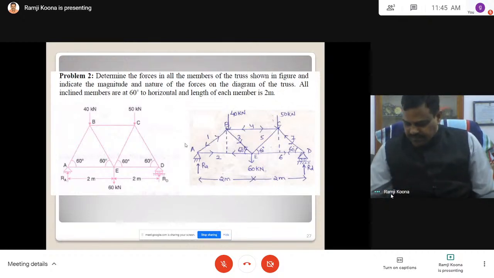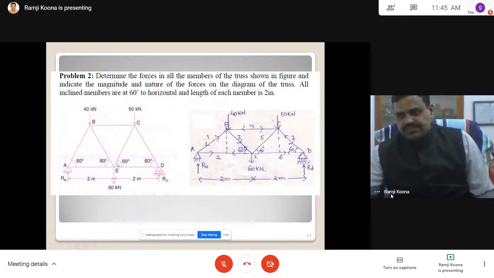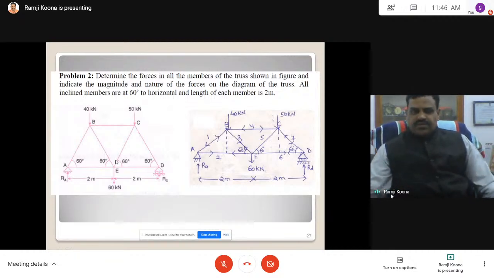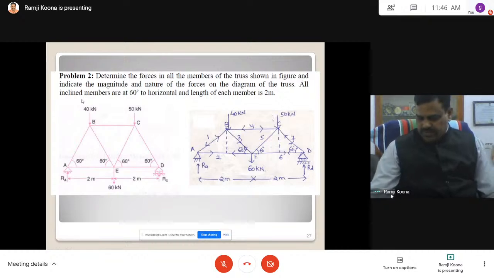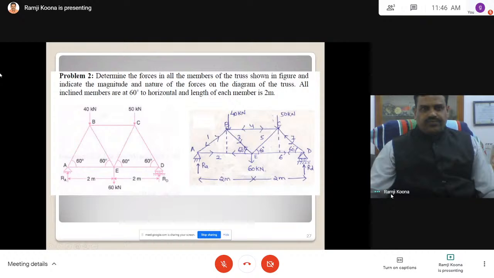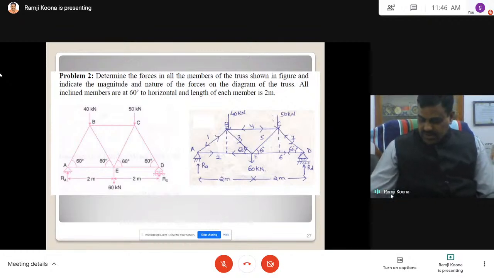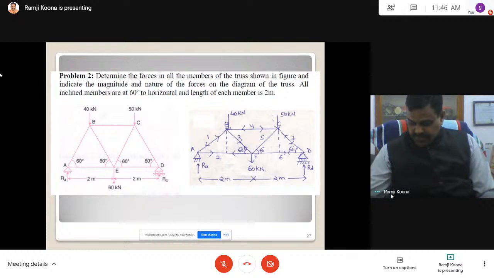Determine the forces in all members of the truss shown in figure, and indicate the magnitude and nature of the forces, whether tensile or compressive.